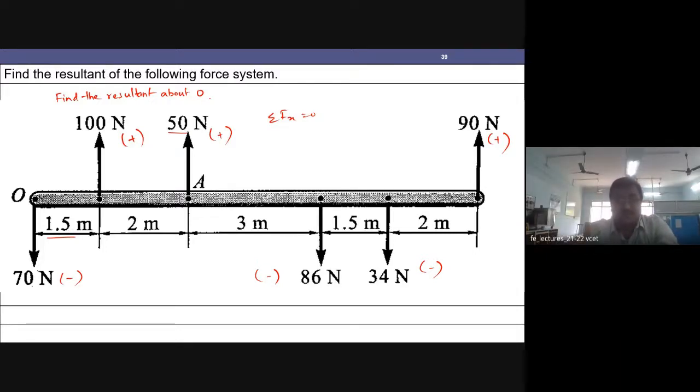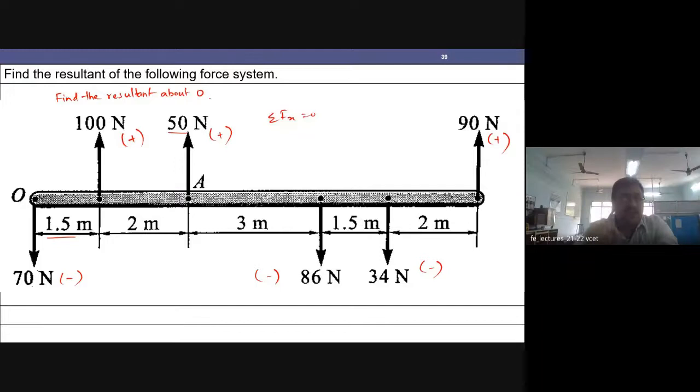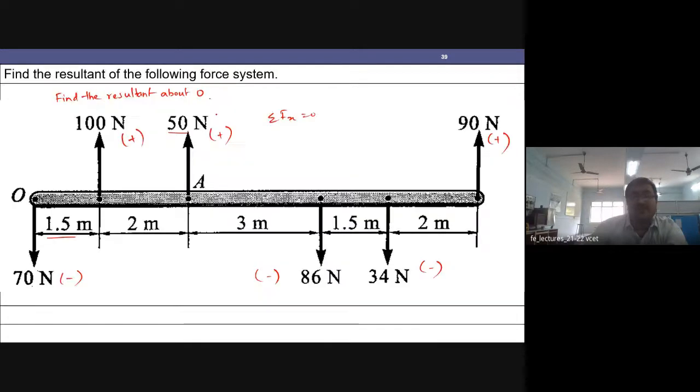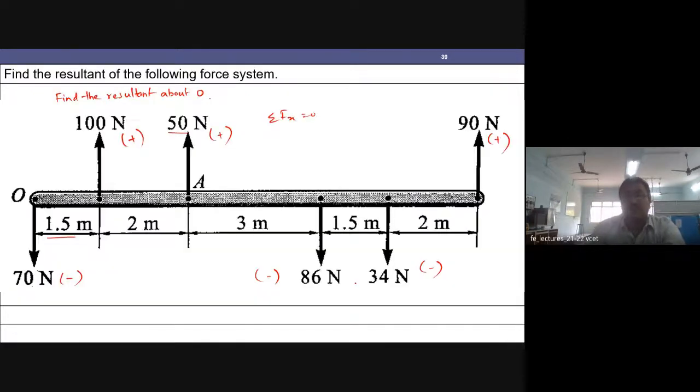Remember the right hand thumb rule: for moments, anti-clockwise is positive and clockwise is negative. So here it becomes minus 86 into 6.5.